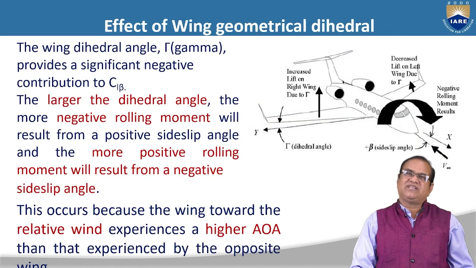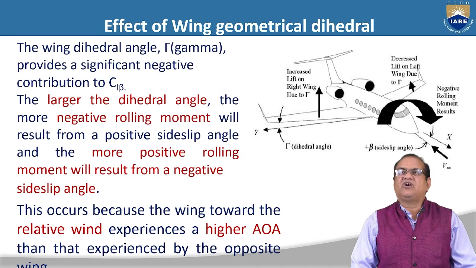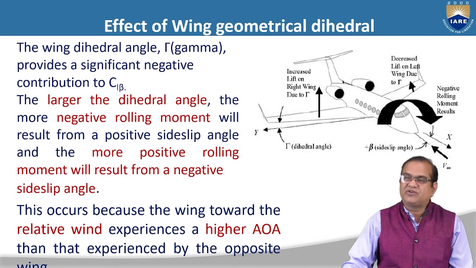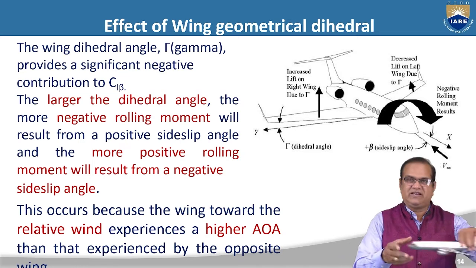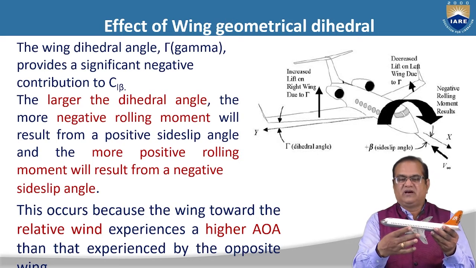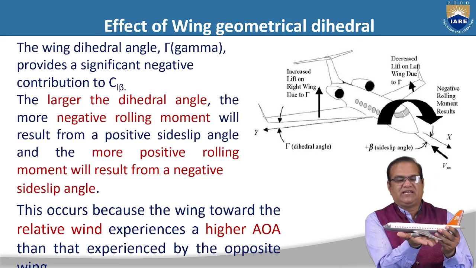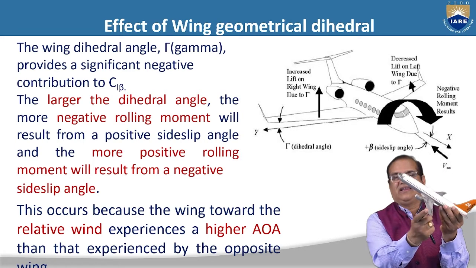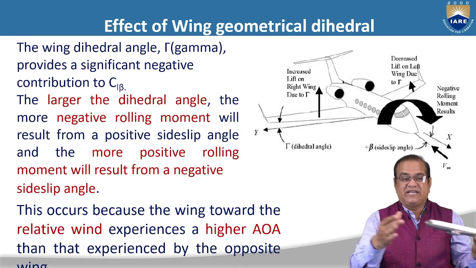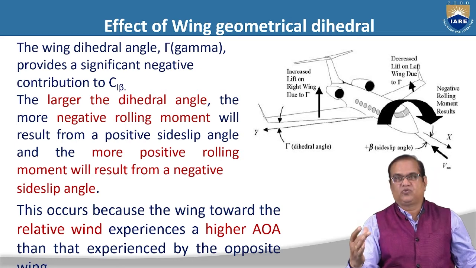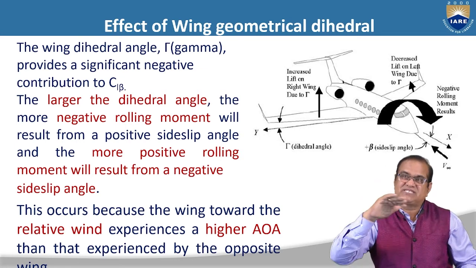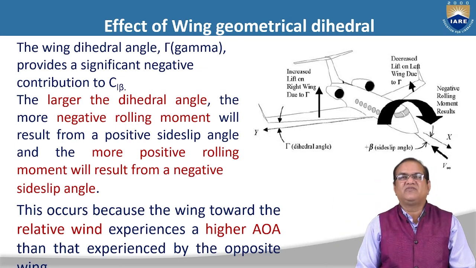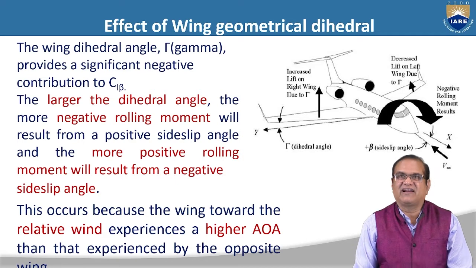The first one is the effect of the wing geometrical dihedral. Dihedral means, if you see here, with the horizontal there is some angle upward. So if the tip is above the root, and the angle it makes from the horizontal, then we say that it is a dihedral.